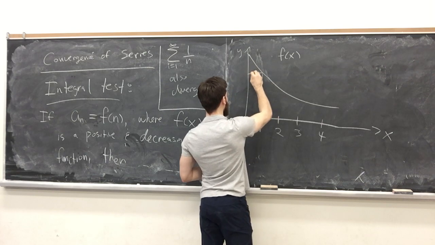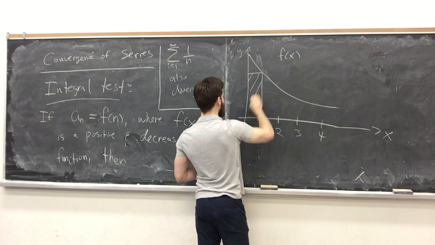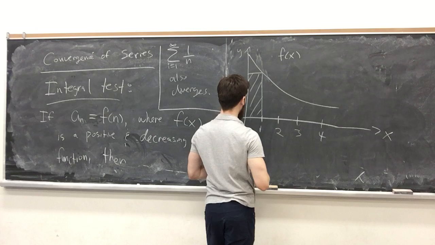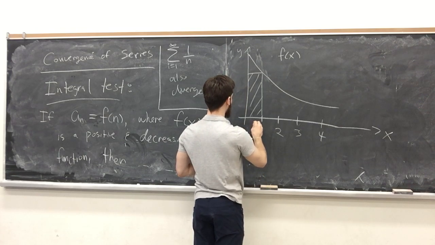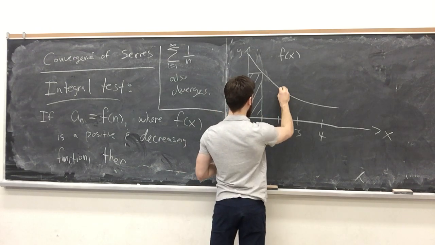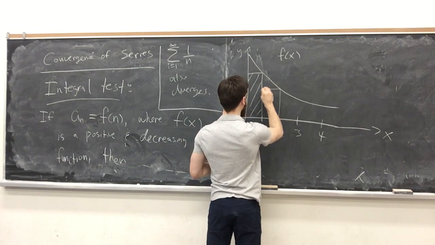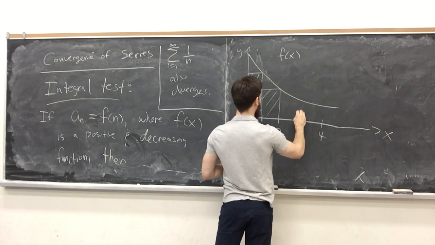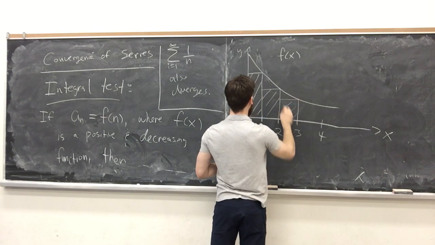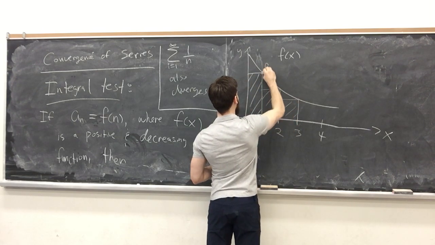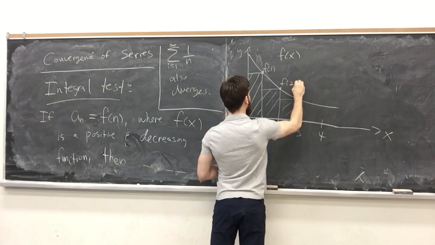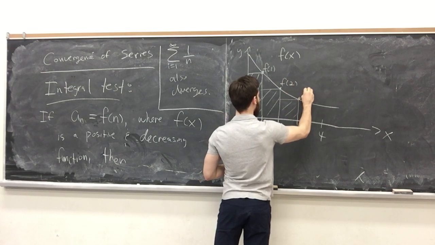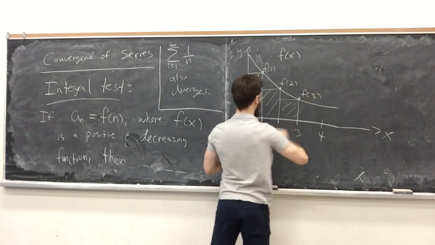So we have this rectangle, which would be like f of 1. And the next rectangle is this. So this point right here is equal to f of 1. This point right here is equal to f of 2. The value here is equal to f of 3. And you can keep going.